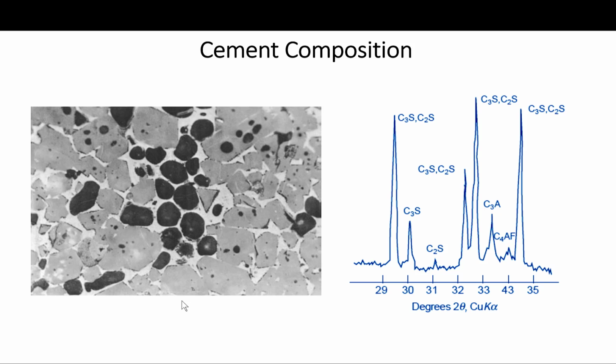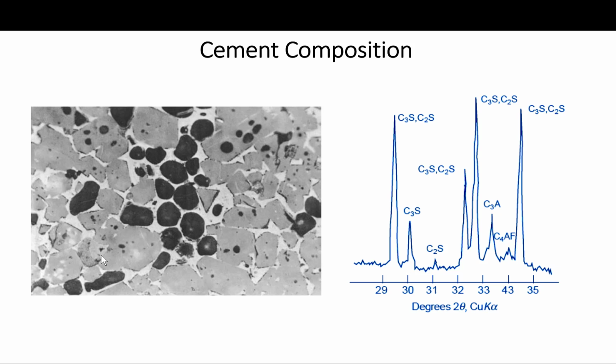These are the two methods commonly used for direct quantitative analysis of Portland cement clinker. The first method involves reflected light microscopy of the polished and etched sample, followed by a point count of areas occupied by the various compounds.